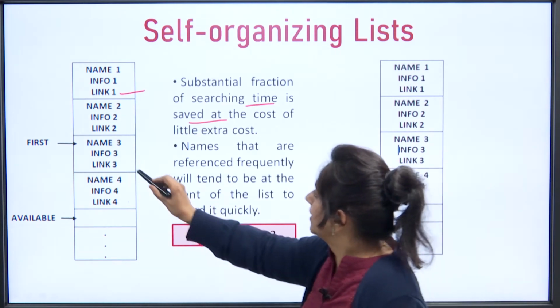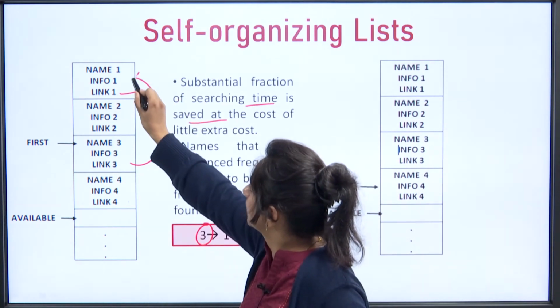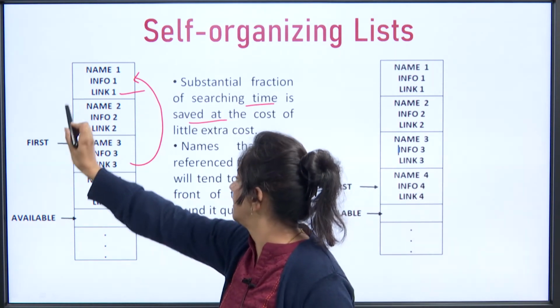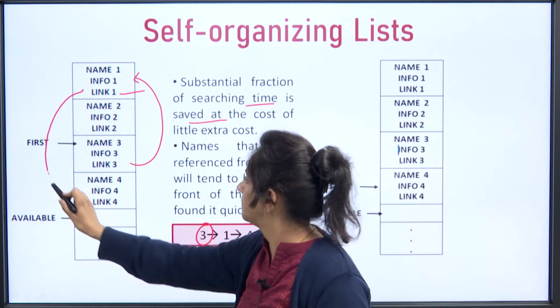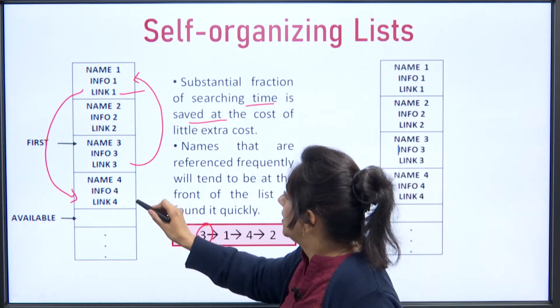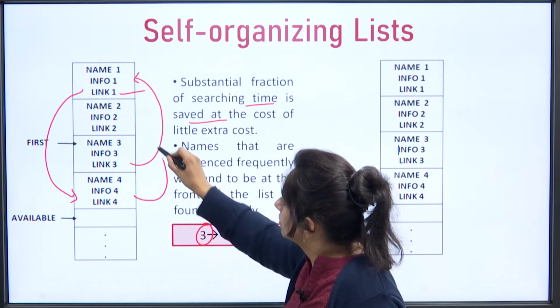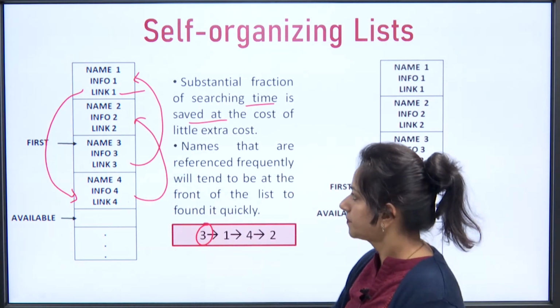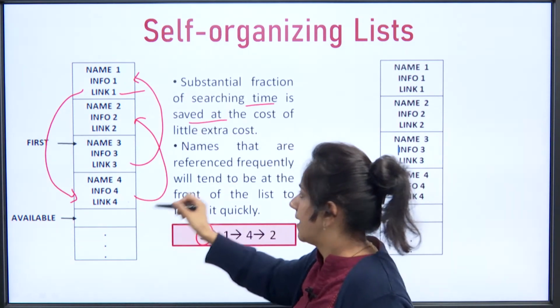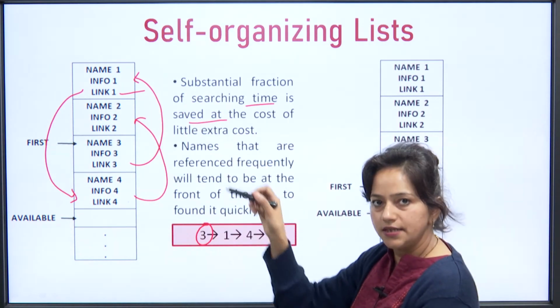This 3 is pointing to 1. Now, 1 is pointing to 4, meaning link of 1 is pointing to 4, and then 4 is pointing to 2, link of 4 is pointing to 2. So, in this way: 3, then 1, then 4, and then 2.